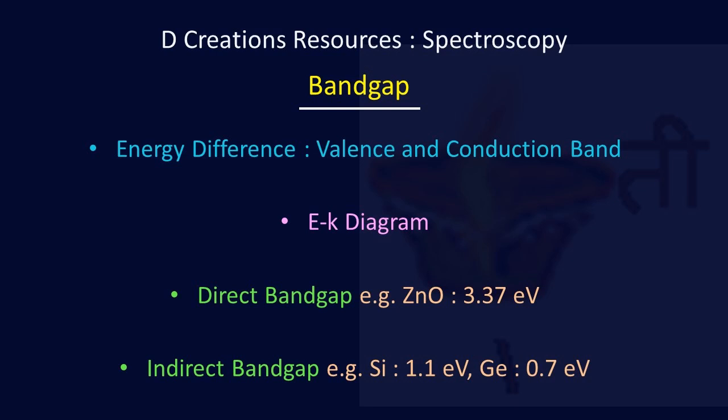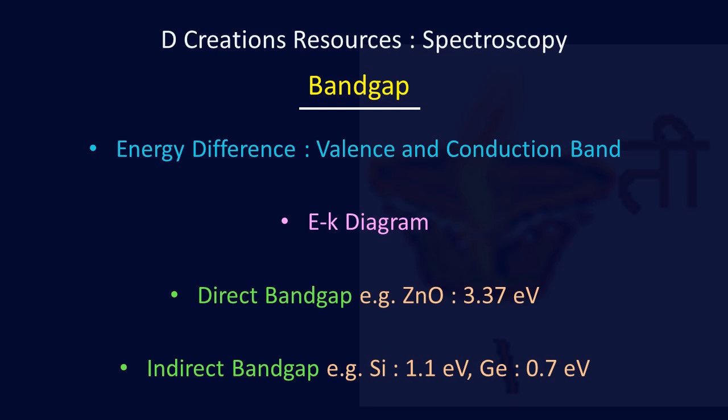Now, to give you some idea about the magnitudes, let's talk about two prime semiconductors. One is silicon, which has a band gap of around 1.12 eV, approximated to 1.1 electron volt. So, in other words, that is the energy required to excite an electron from the valence band to the conduction band.